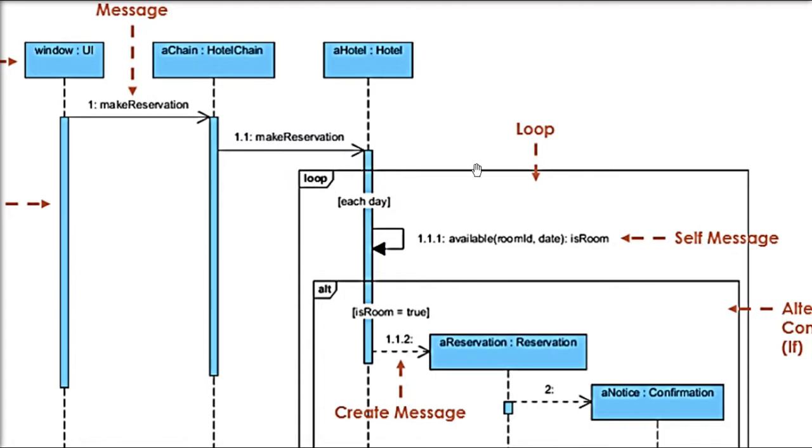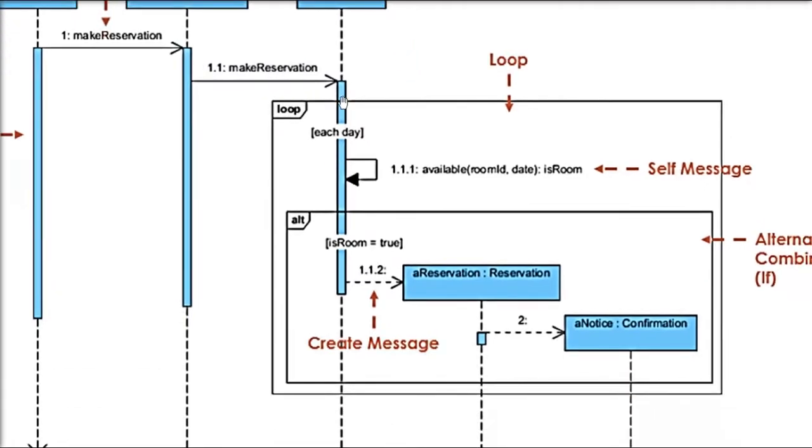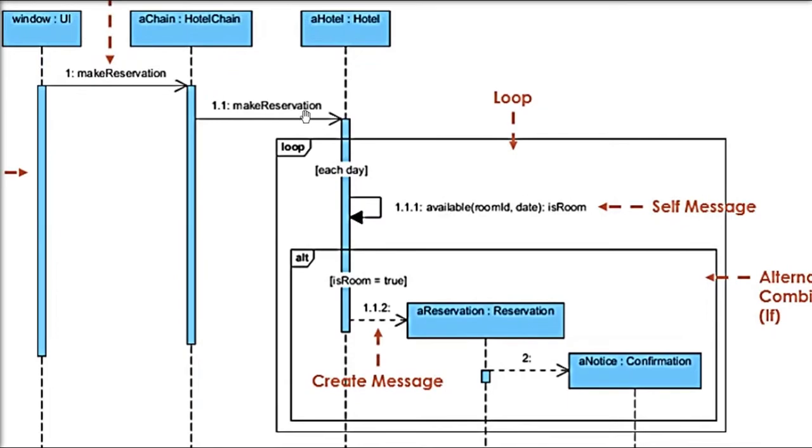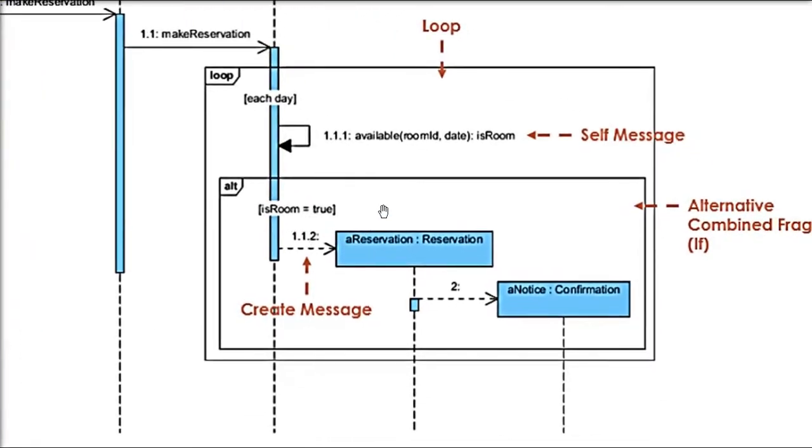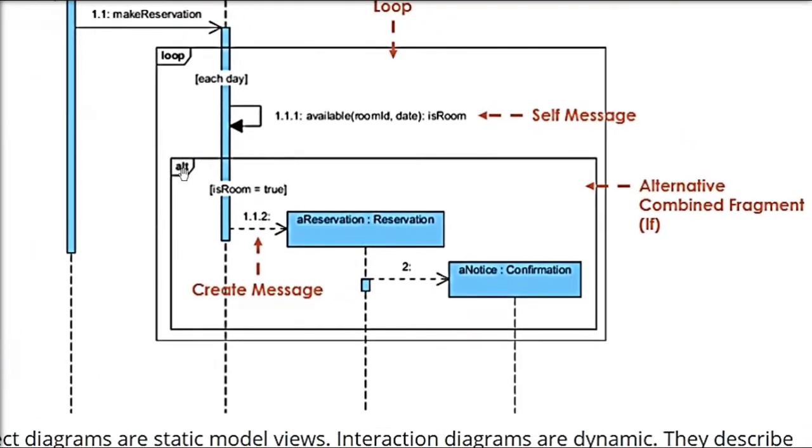We have put it in a loop fragment, because this is going to run again and again. Every time a client comes to make a reservation, it's necessary to know how many rooms are available, and that will decide the next course of direction.